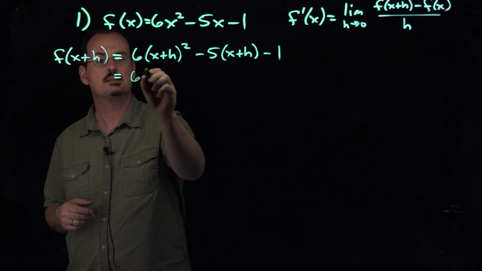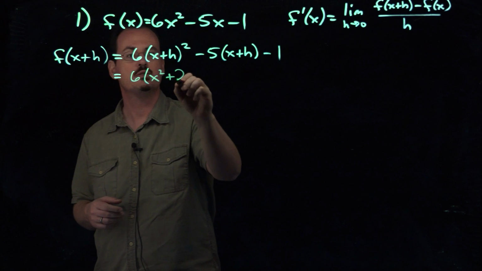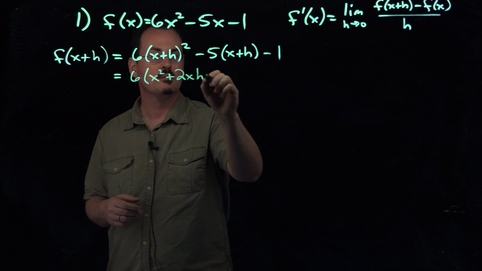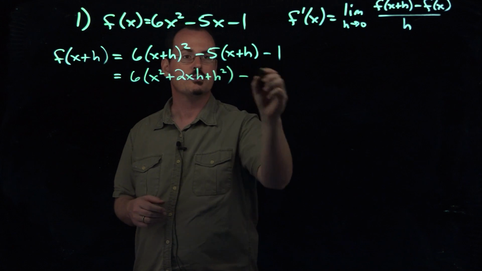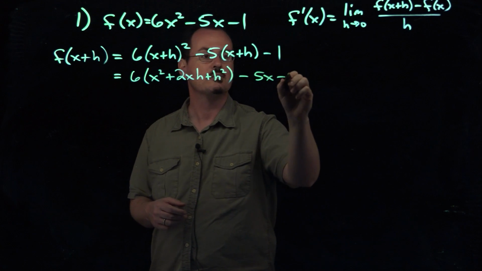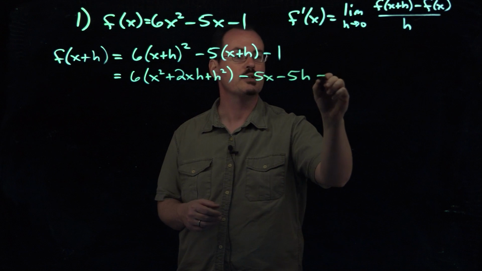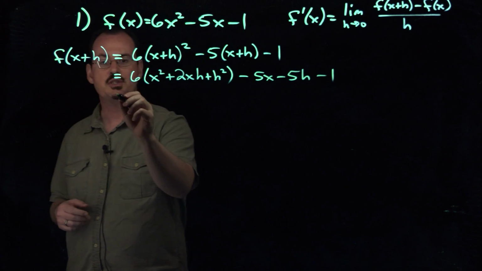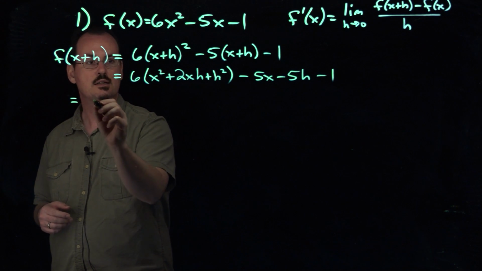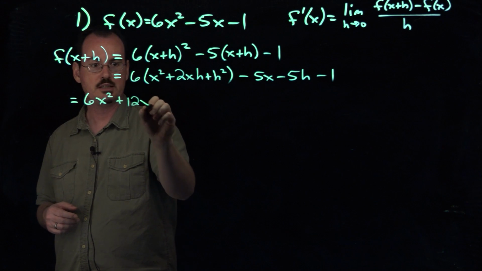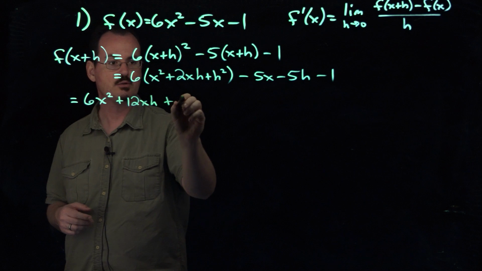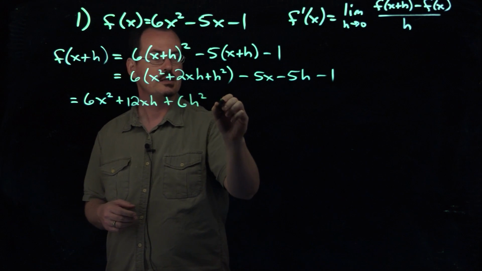So we're going to get 6 times x squared plus 2xh plus h squared. The second term, we'll distribute the 5. We get minus 5x minus 5h, and then we still have the minus 1 on there. If we distribute the 6, we're going to get 6x squared, 12xh, 6h squared, and then the rest of it.